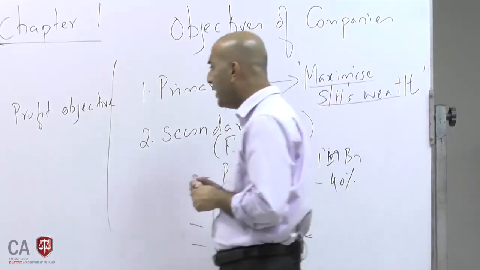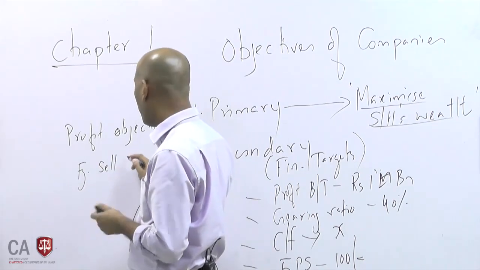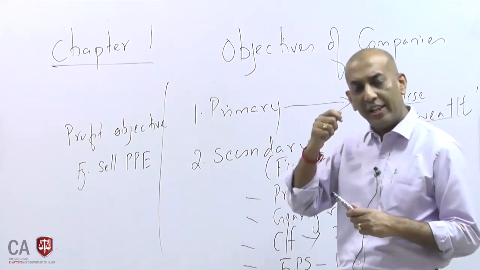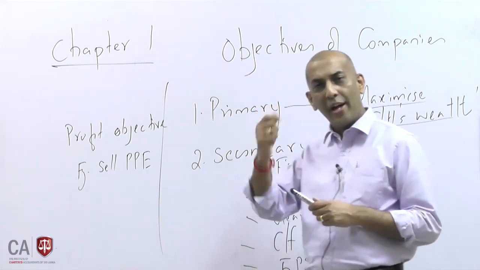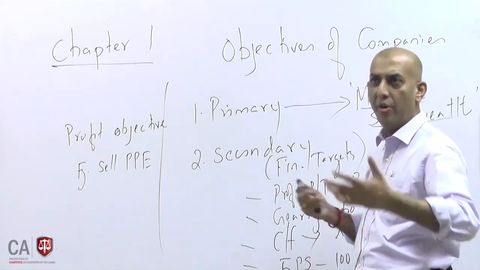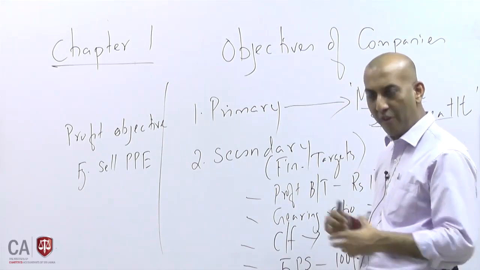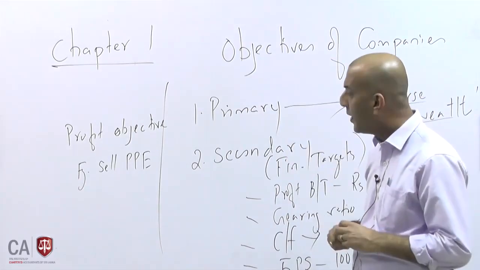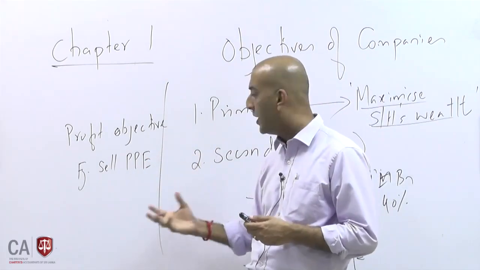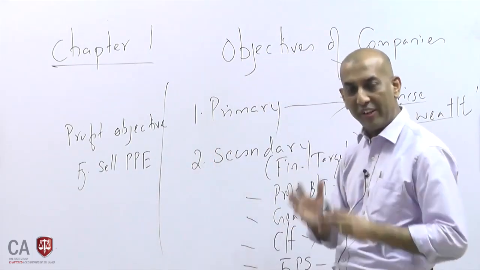One good example is selling your property, plant and equipment, which is capable of earning annual returns, profits or cash flows. You have a machine, for example, that is capable of generating income every year from which you can survive and grow. But you decide there is a good price for the plant, so you sell that machine in one year and make a huge profit for that year.